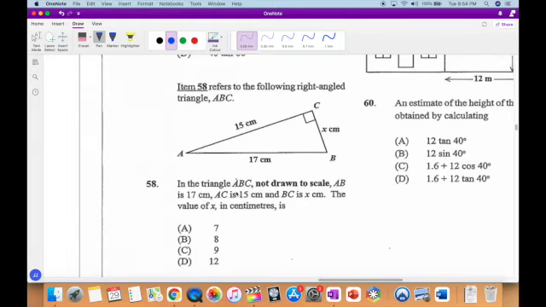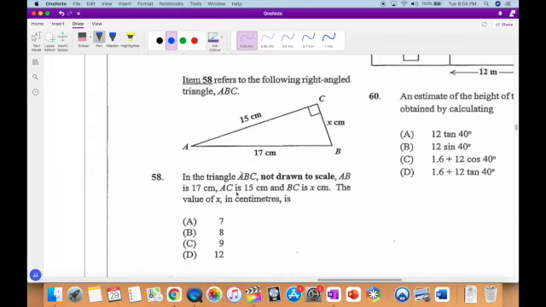Item number 58 refers to the following right angle triangle. In the triangle ABC, not drawn to scale, AB is 17, and we see that there. BC is x, the value of x in centimeters is.